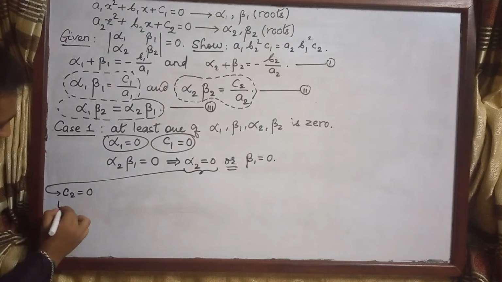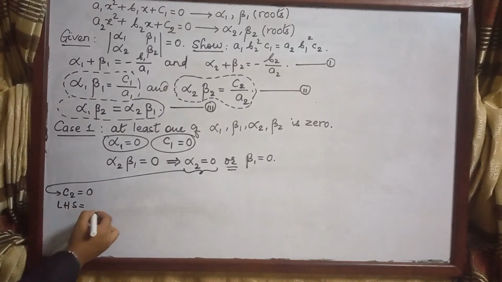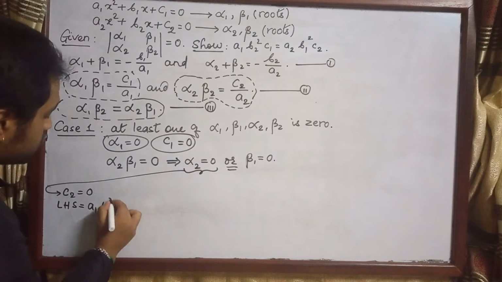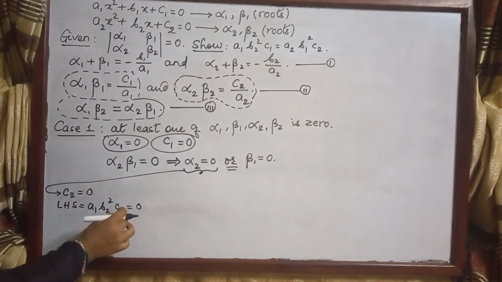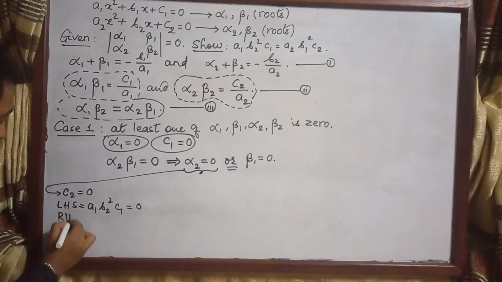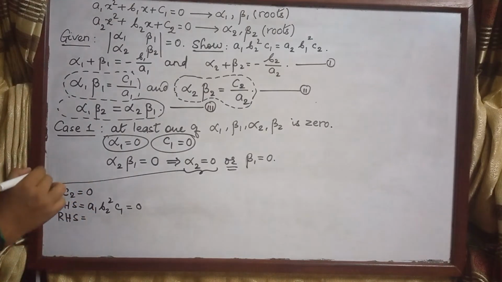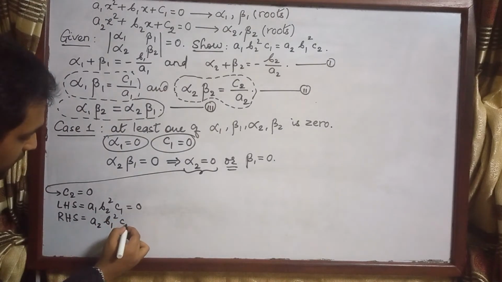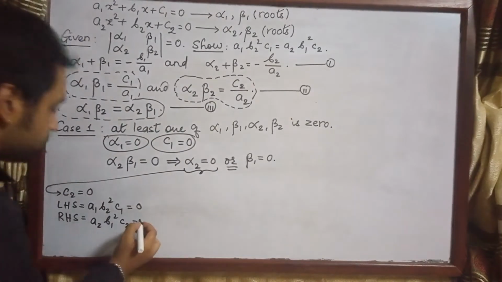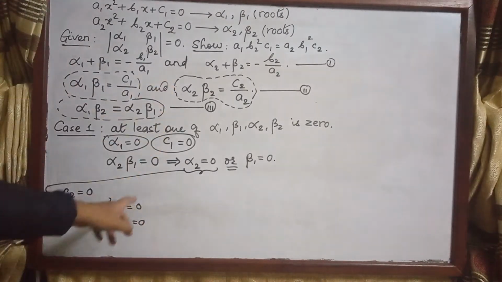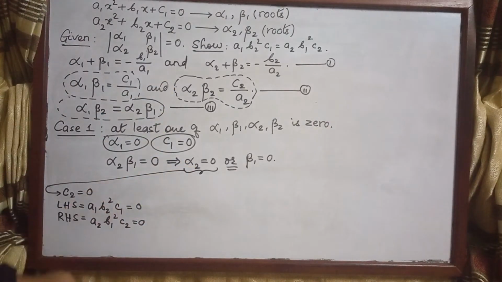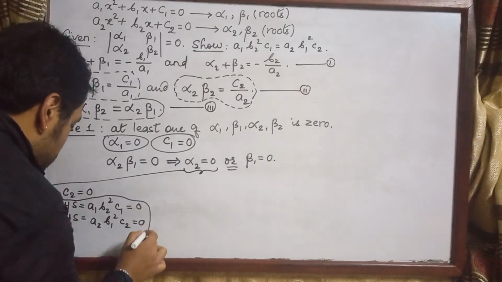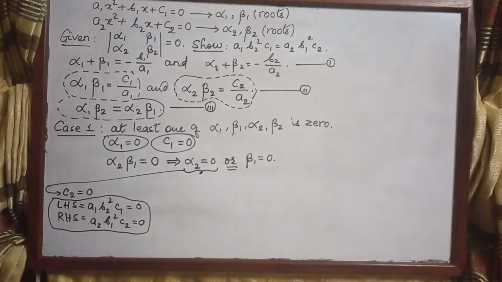Now the left hand side, a1 b2 squared c1, is equal to 0 because c1 is equal to 0. And the right hand side, a2 b1 squared c2, is also 0 because c2 is equal to 0. So the identity holds. The equation is true in the first subcase.